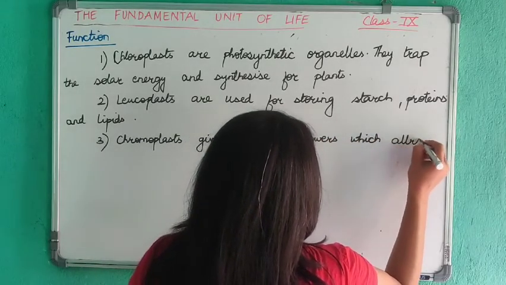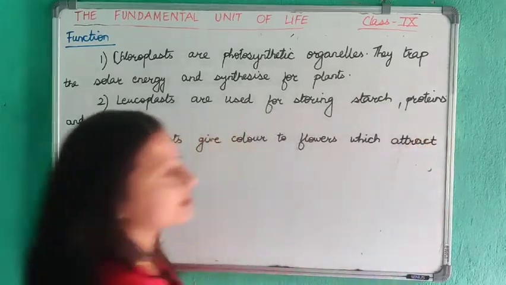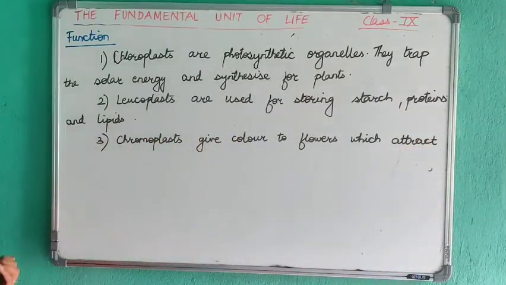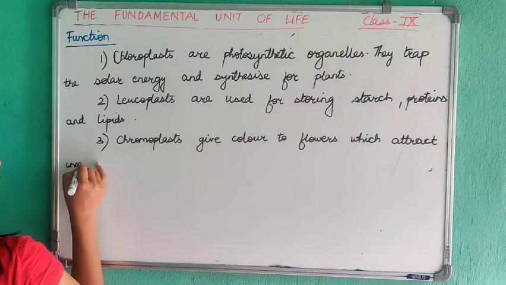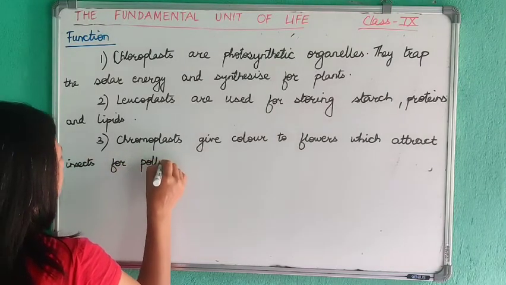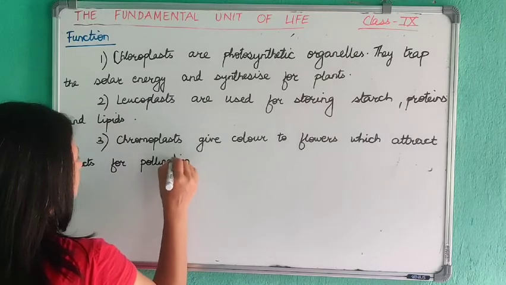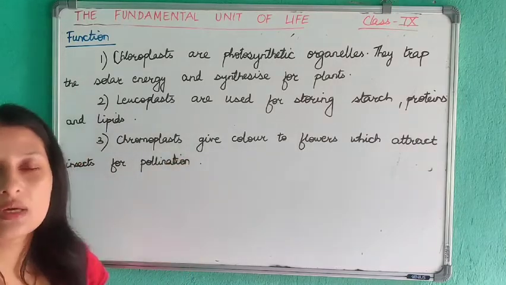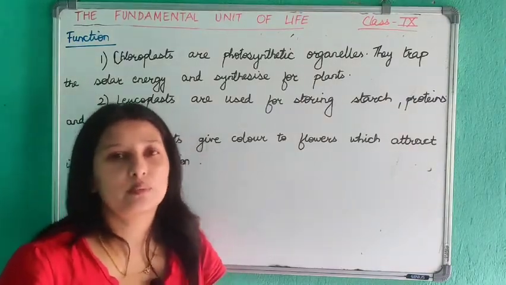When flowers are colored, insects are attracted to those colorful flowers, which attracts insects for pollination. So this is the structure and function of plastids.